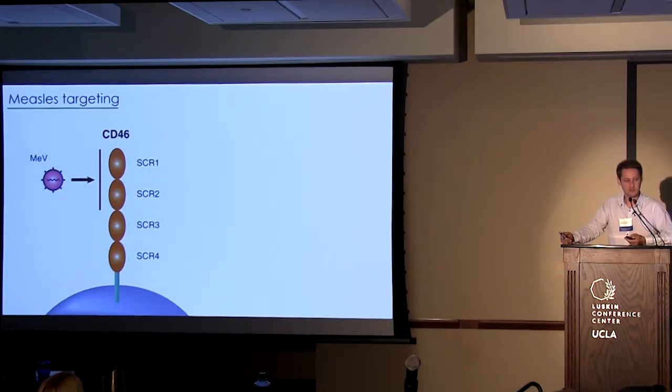But when the virus was attenuated in the 50s and 60s to create vaccines, it acquired the ability to target another receptor, which is CD46. And CD46 is found on all cells in the human body at a basal level. Actually, it's a protein that protects cells against the complement, so the cells won't be killed by the complement when there is an immune response in the tissue.